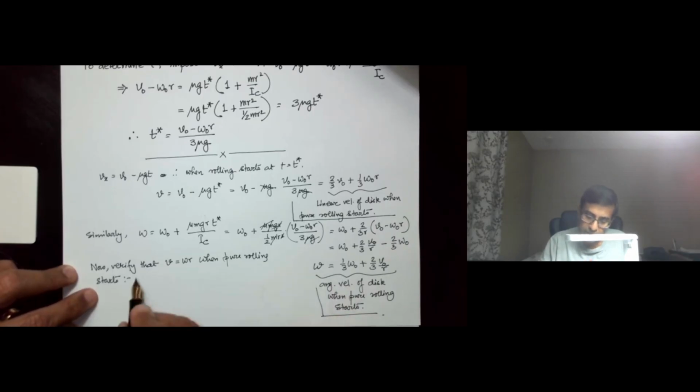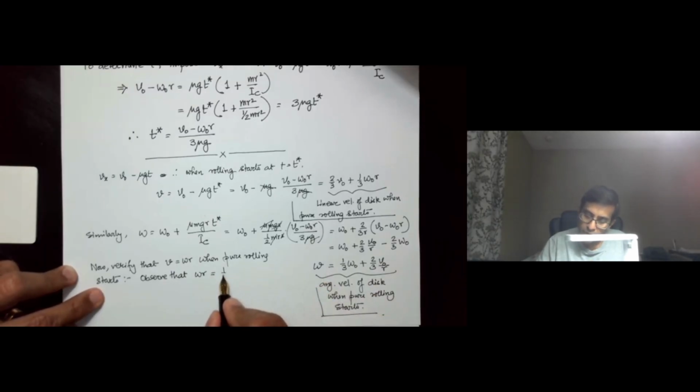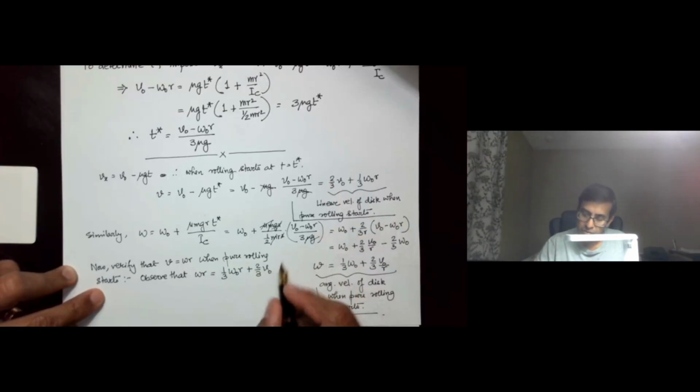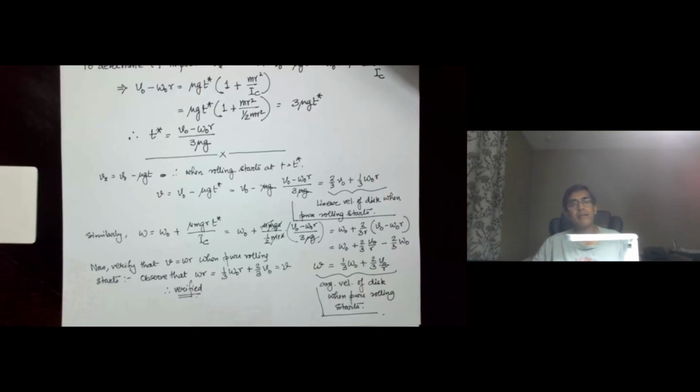So we observe that omega times r is 1/3 of omega naught r plus 2/3 of v naught, which is nothing but this expression, which is equal to v. Therefore, verified. So that's another observation.